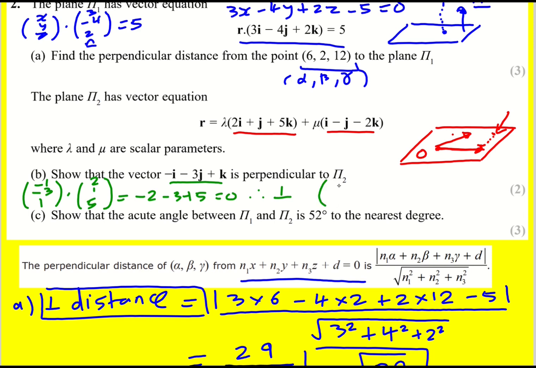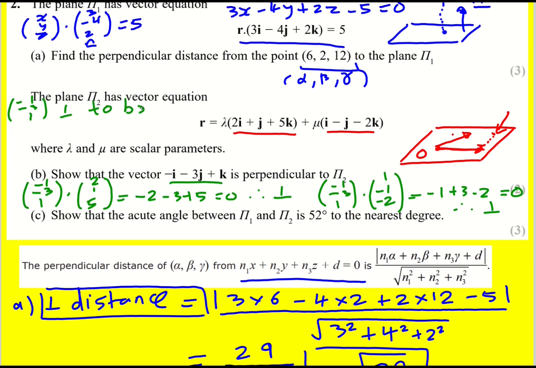And then we'll also do minus 1, minus 3, 1, dotted with 1, minus 1, minus 2. That becomes minus 1 plus 3 minus 2, which is 0. So therefore perpendicular to this as well. So just to finish, running out of space, I said minus 1, minus 3, 1, perpendicular to both direction vectors.